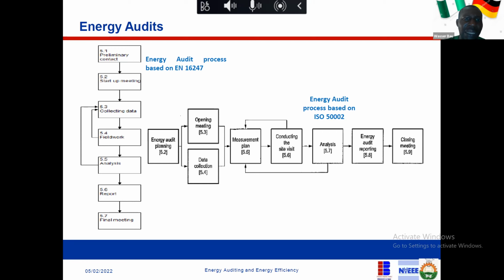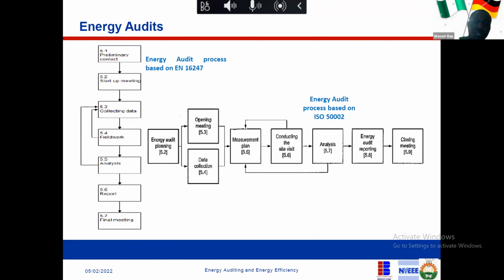For instance, every auditing starts with preliminary contacts. In the ISO, they call it planning, energy audit planning. Then the second step is your startup meeting. So for preliminary contact, you want to do an audit, there must be initial contact.